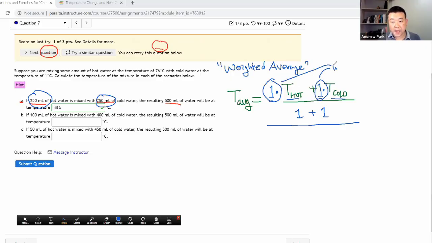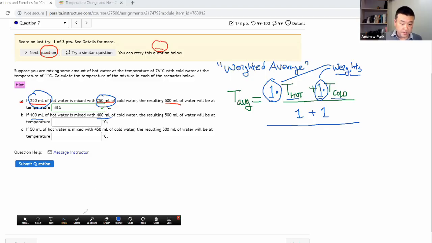I'm calling this a more generalized idea of average because it allows you to handle more general cases like this one, dealing with an unequal amount of water. Here, I have 4 times as much cold water as I do hot water. So the temperature of the cold water is going to matter 4 times as much.